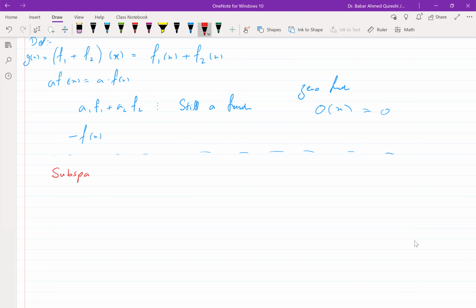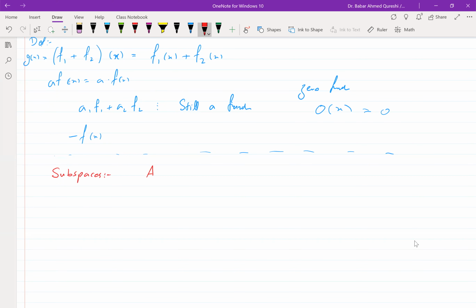So any question from these examples or in the definition? So after these definitions and examples, let's go to some other concepts related to vector spaces. So what's a subspace?